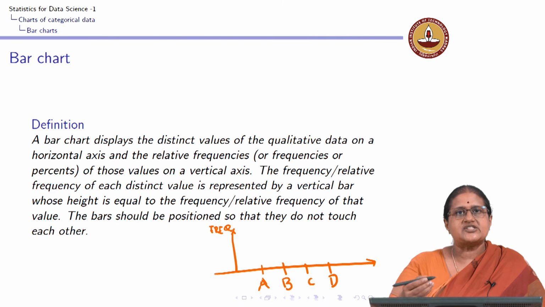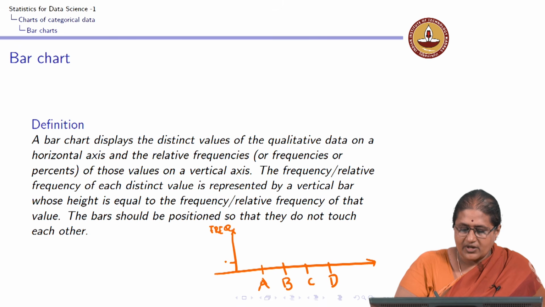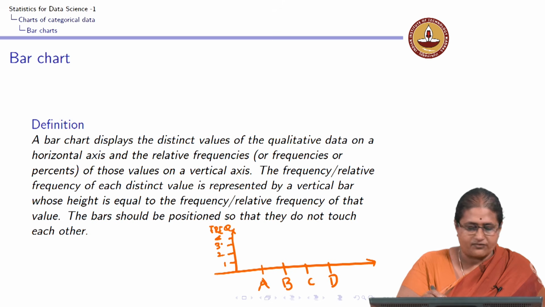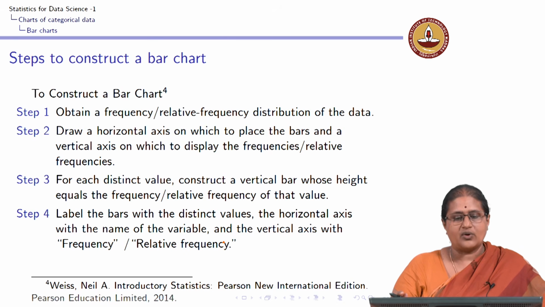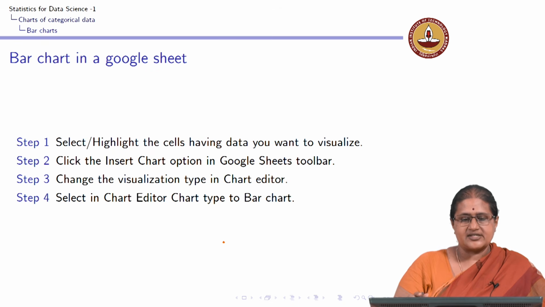We start with just the frequency. For example, if this were a 1, this is a 2, this is a 3, this is a 4. Let us go back to our table and draw a horizontal axis.